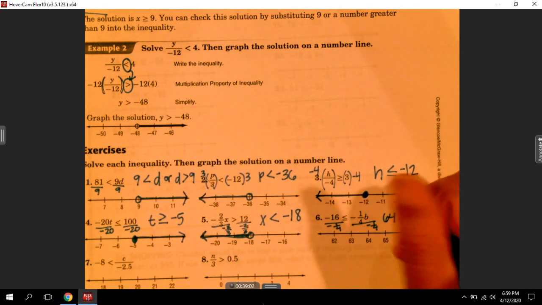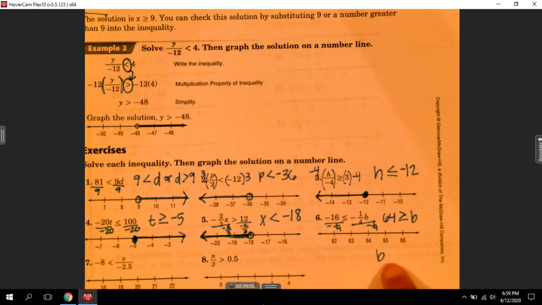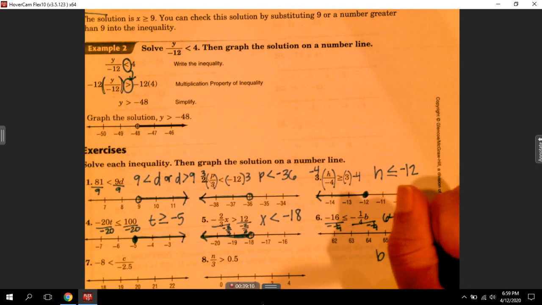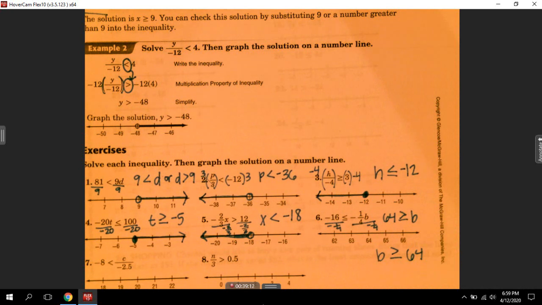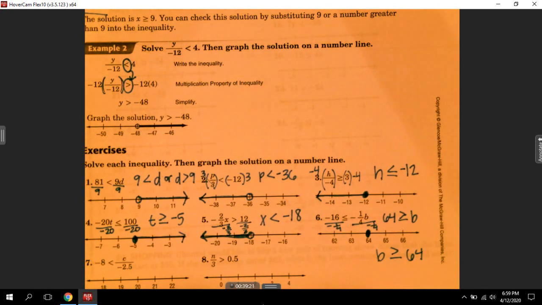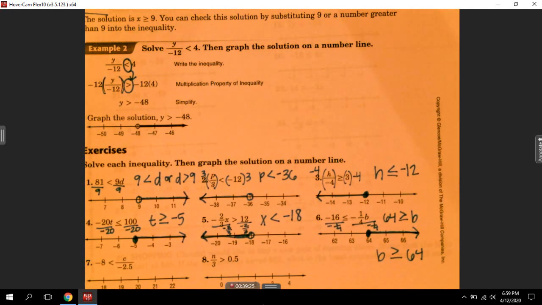So 64 needs to come over to the other side and be switched. So b is greater than or equal to 64. So it's a little bit easier to draw your graph. All right, so it's greater than or equal to, so closed circle on 64, and everything in the right direction.